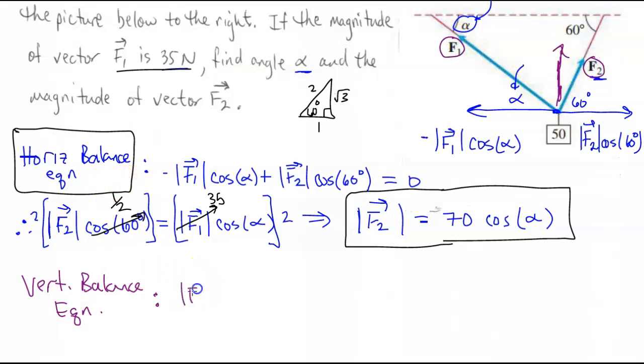So this will be magnitude of F1, and of course here, this angle is across from this side here, so that's going to be sine of alpha.